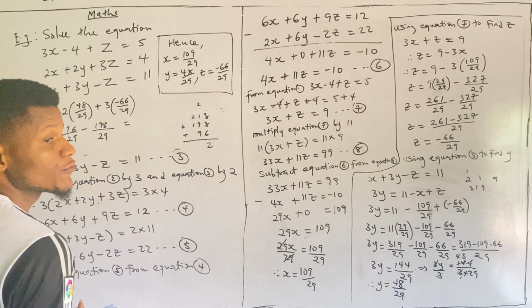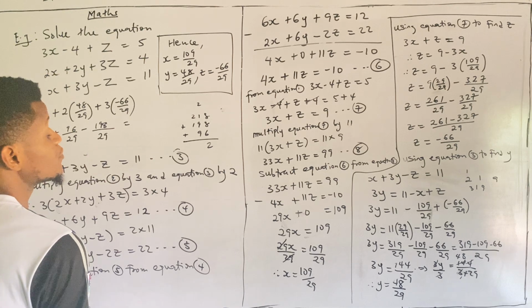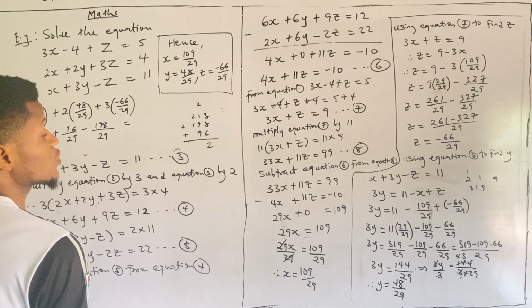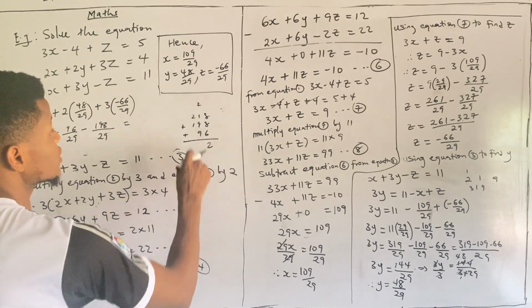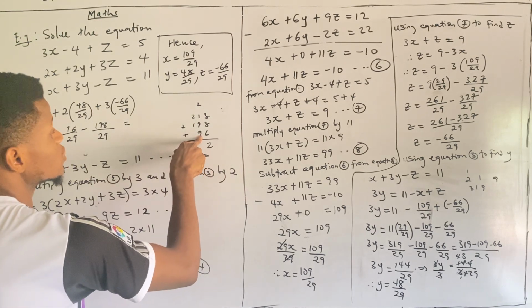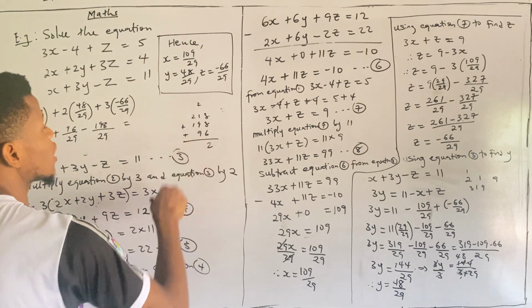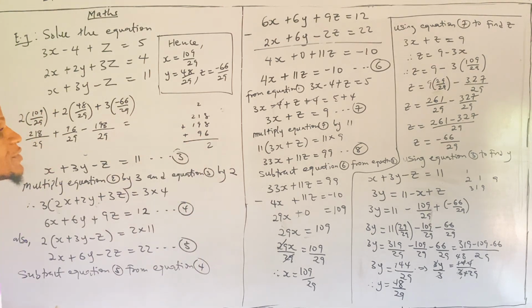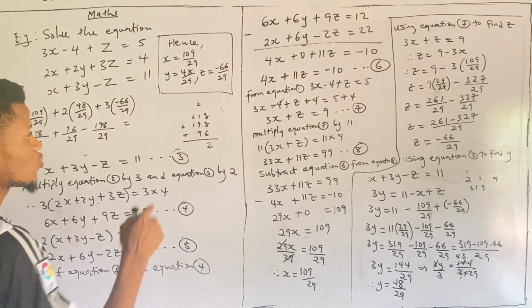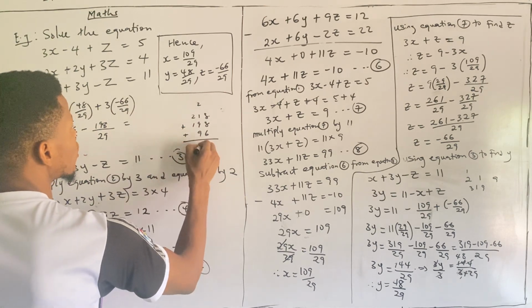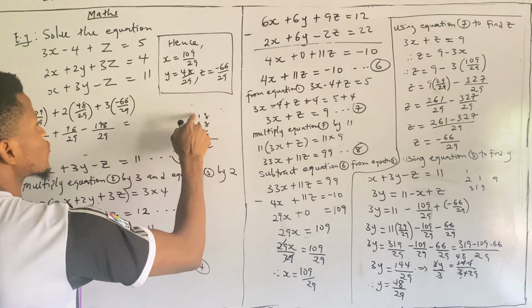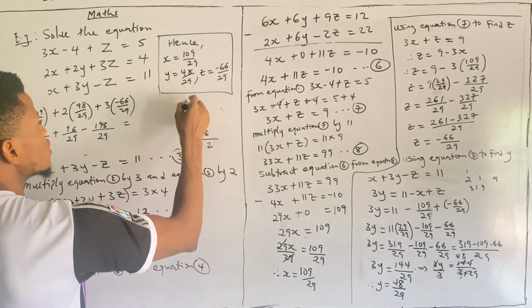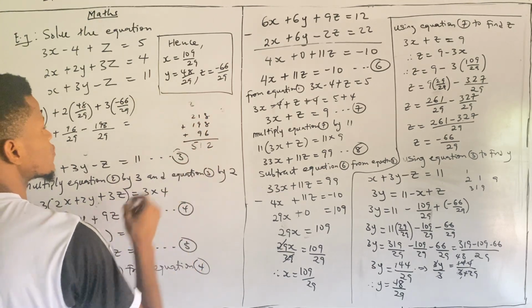Then 12 plus 9 is 21. We can write 1 and carry 2 here, because 2 plus 2 here is 4 plus 1 5.